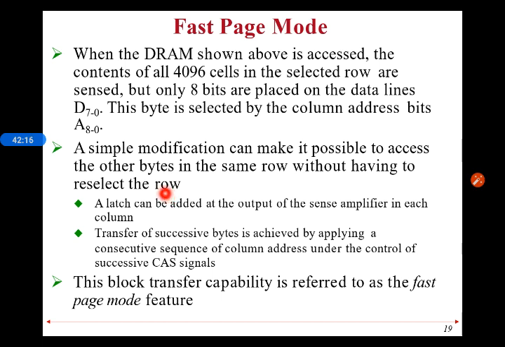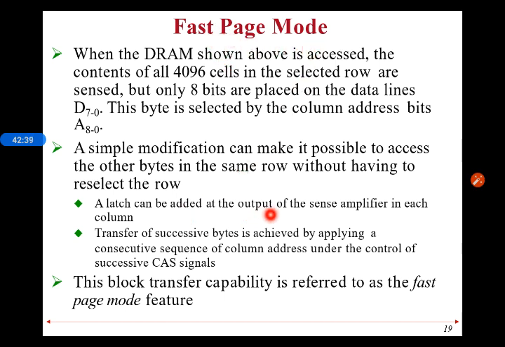A simple successive generation of the column address will make it possible to get all 512 blocks of data from that row. This mode of operation is called fast page mode.